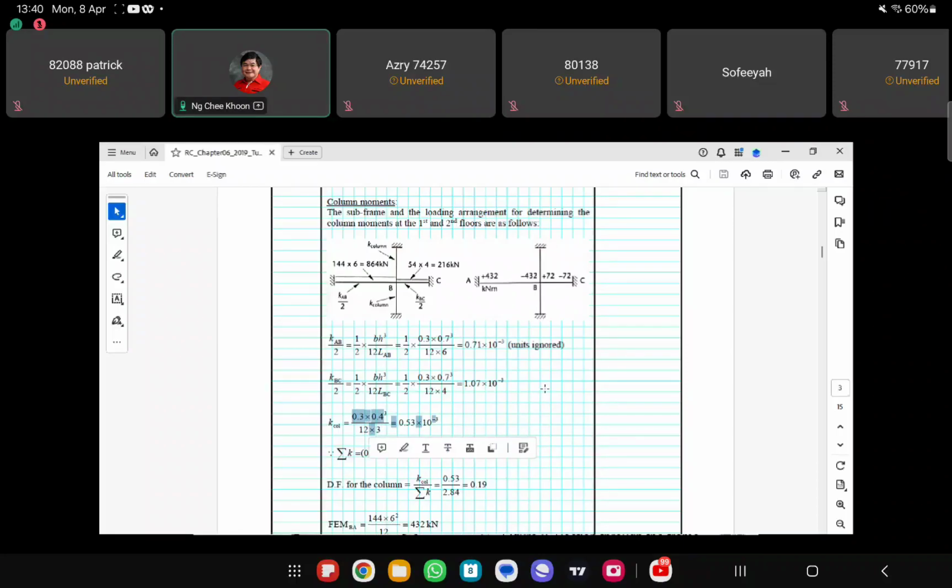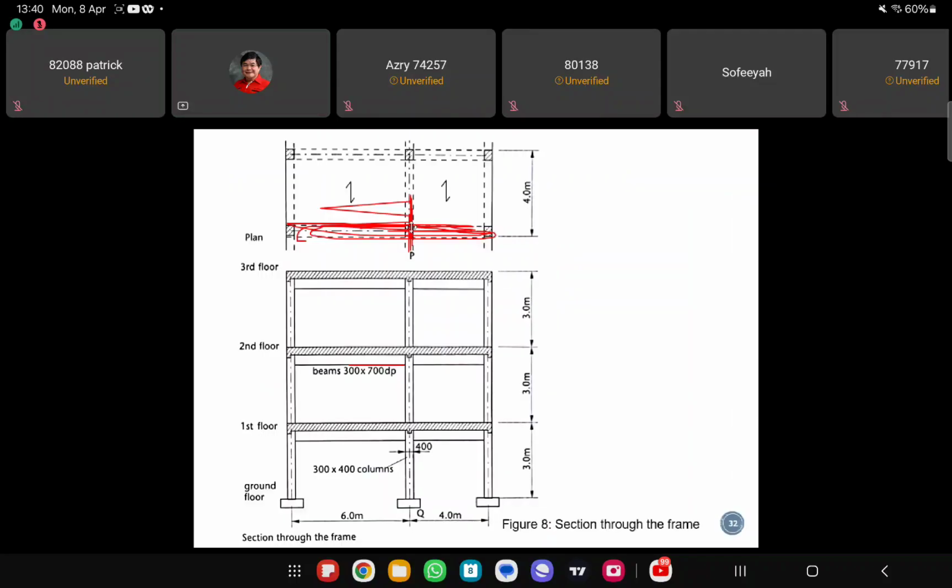Okay, so now we are calculating for the major axis, right? So the column, if we look on plan, this is 400 mm, and then this is 300 mm.